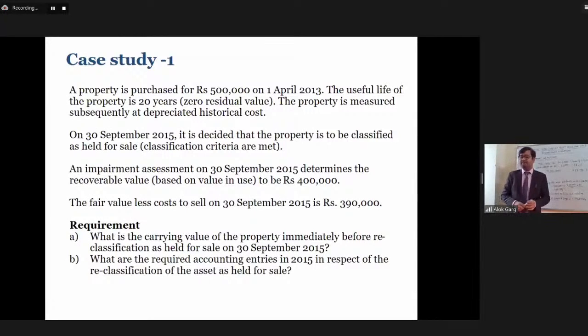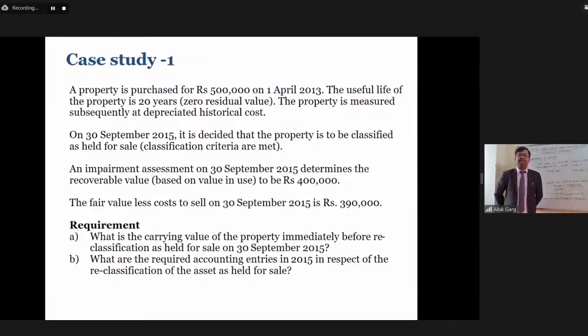So friends, tell me what is the per annum depreciation? Yes, Preeti, I will share this PPT for sure. So life is 20 years, and yes, Ambika, depreciation is 25,000.